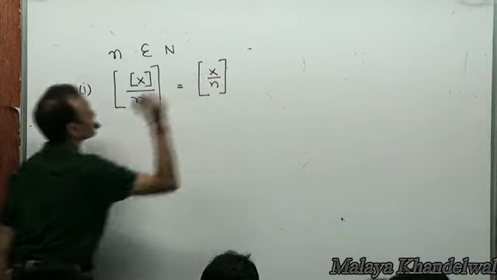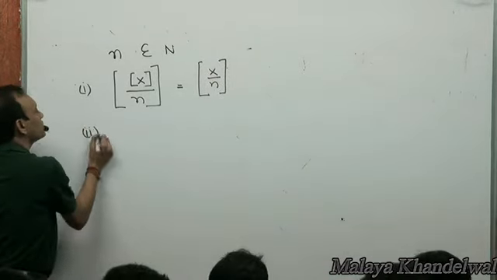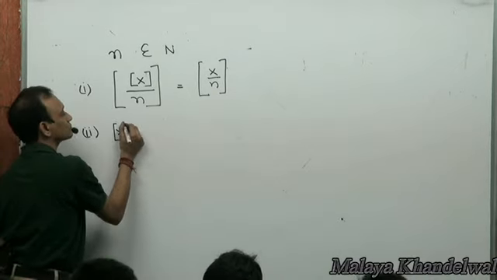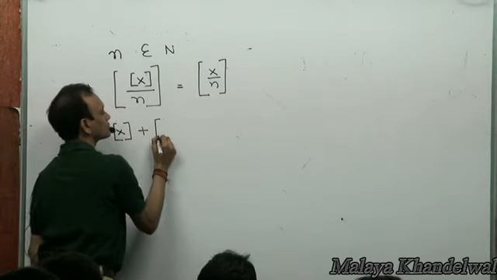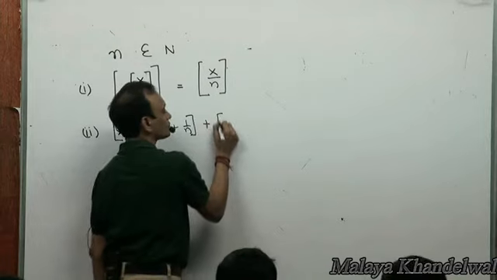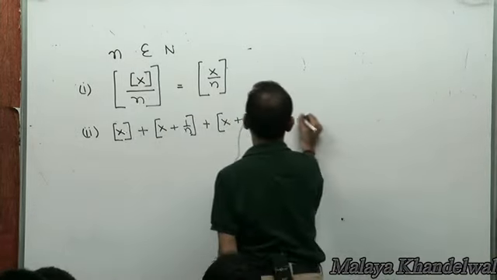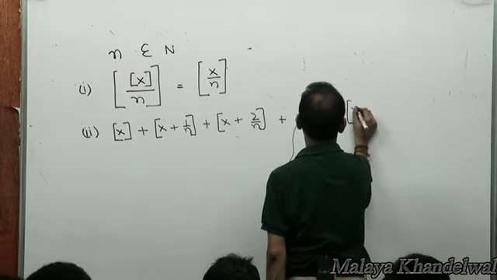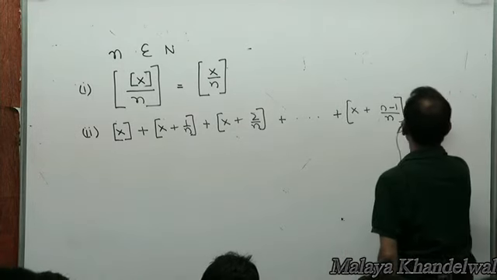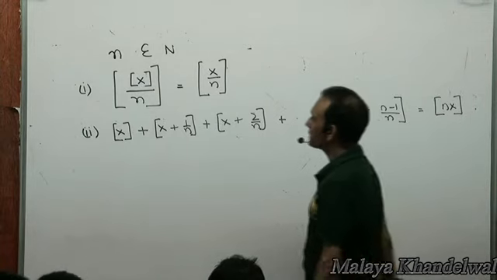That's one property. The second property, which is actually very commonly used, is box of nx, where n is a natural number.